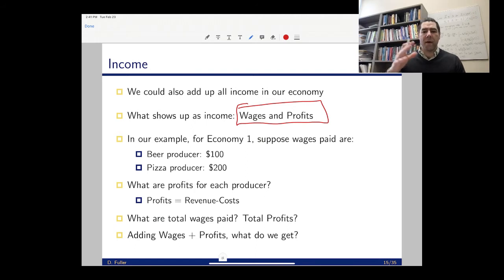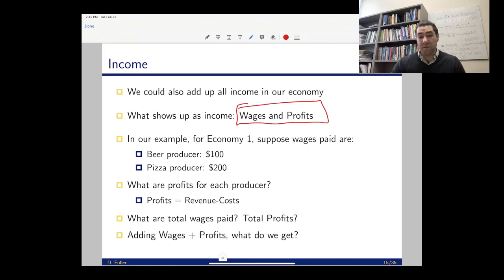So think of a firm that makes something. Where does the revenue that they produce go? In a very simple way, it's either going to go to wages to pay the workers who made the stuff. Whatever's left over is going to be profits for the owners of the firm. So in a very simple setting, I'm going to call income wages plus profits. But if I break this up finer, we're going to kind of arrive at the same conclusion.